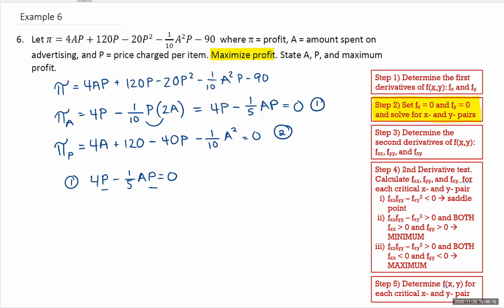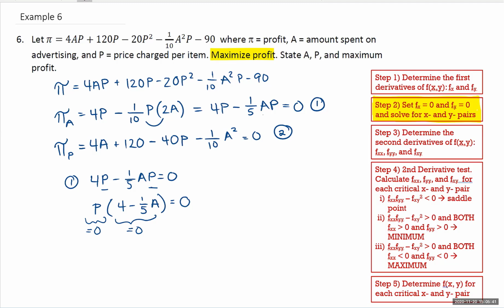So what I'm going to do is pull out that common factor, P. So P times 4 minus 1/5 A is going to be equal to 0. So either one of these terms is going to be equal to 0. It doesn't matter which one of those terms is equal to 0.